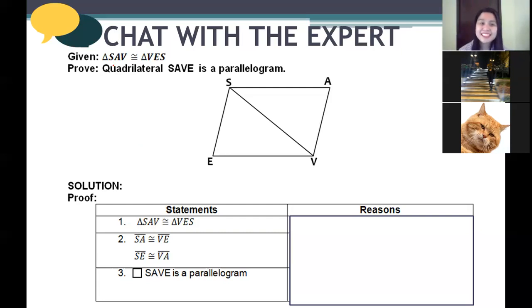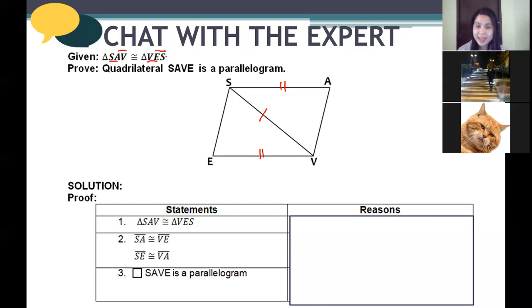Now, let's start first. SAV and VES. Remember, this is equal to itself. My technique is I start marking equal parts. So example, SA and VE are equal. Next, AV and ES. You see my pattern, the last two and the last two.